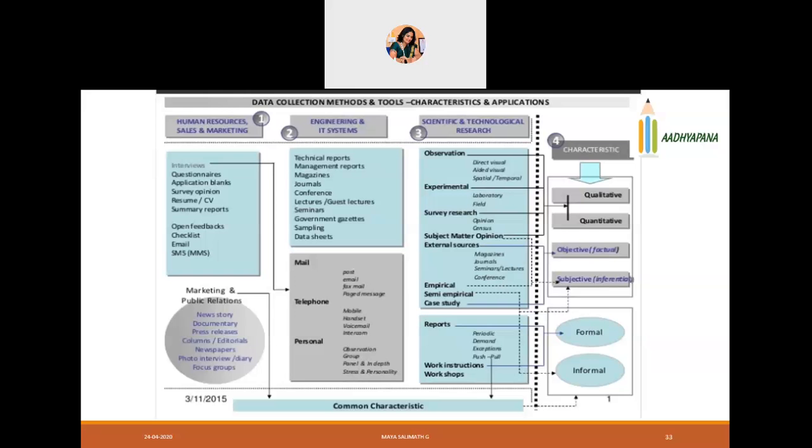It shows, in every field, what the various types of data collection methods are. I'll send this PPT. You can go through this.